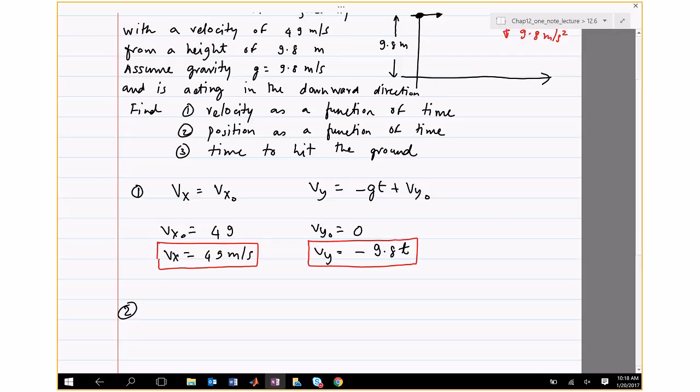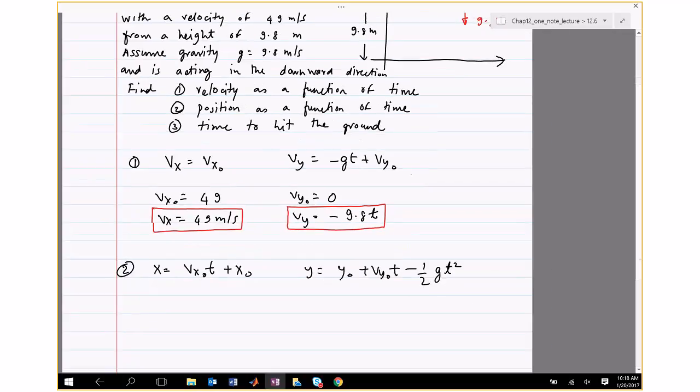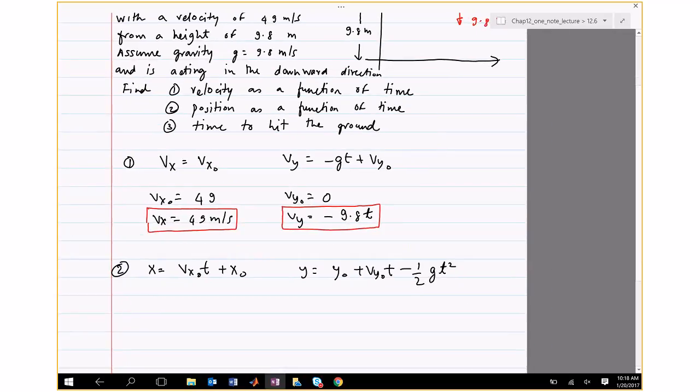Okay, now can you find the position? x is vx0t plus x0, and y is y0 plus vy0t minus half gt squared.